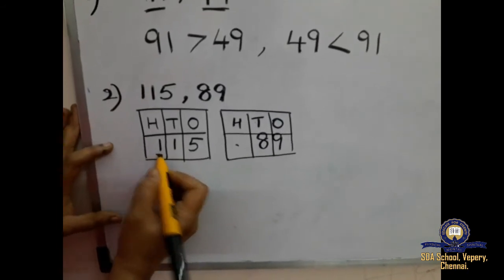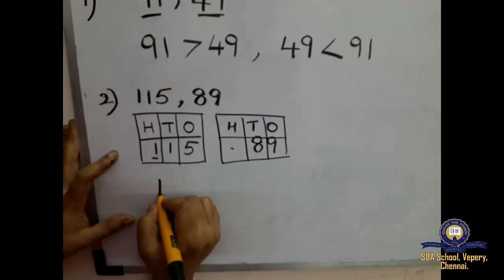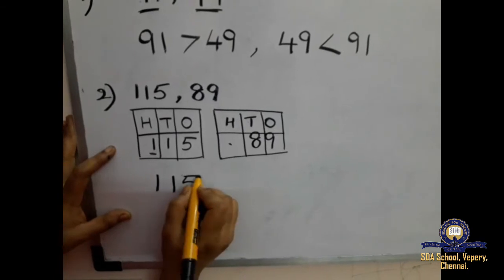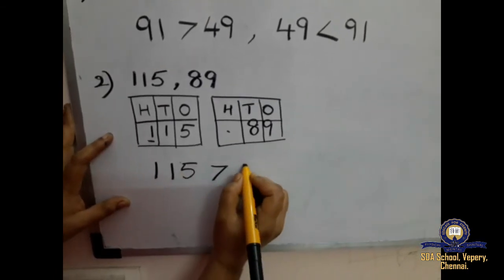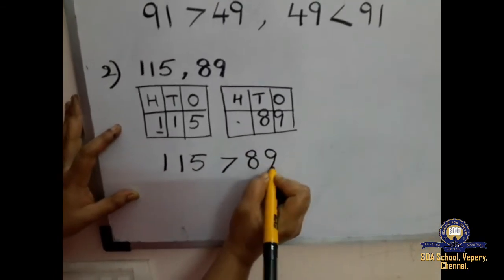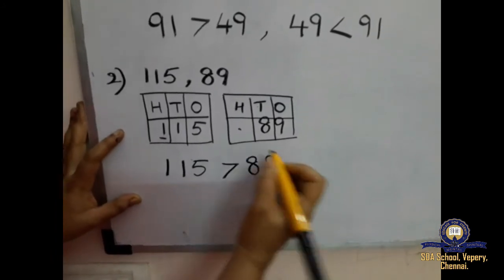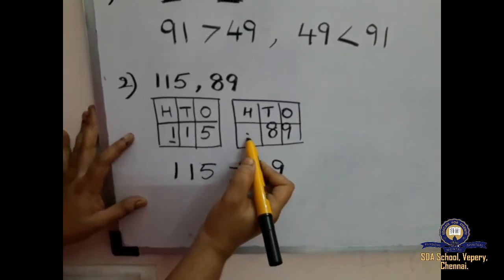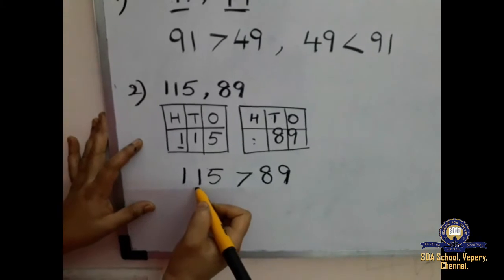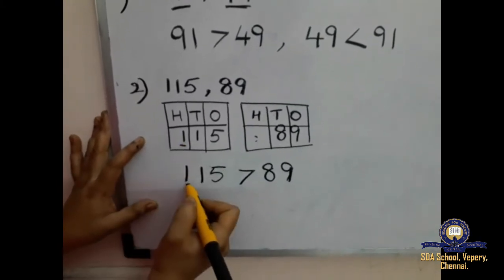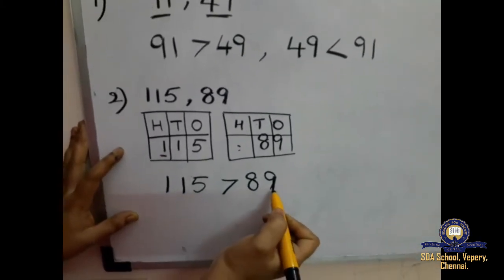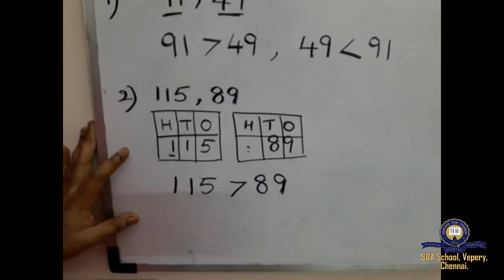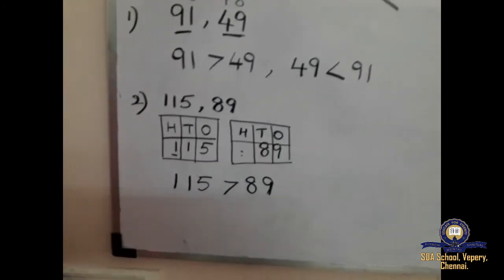So easily we can find out that 115 is greater than 89, because there is no hundreds in 89 and here hundreds is there.